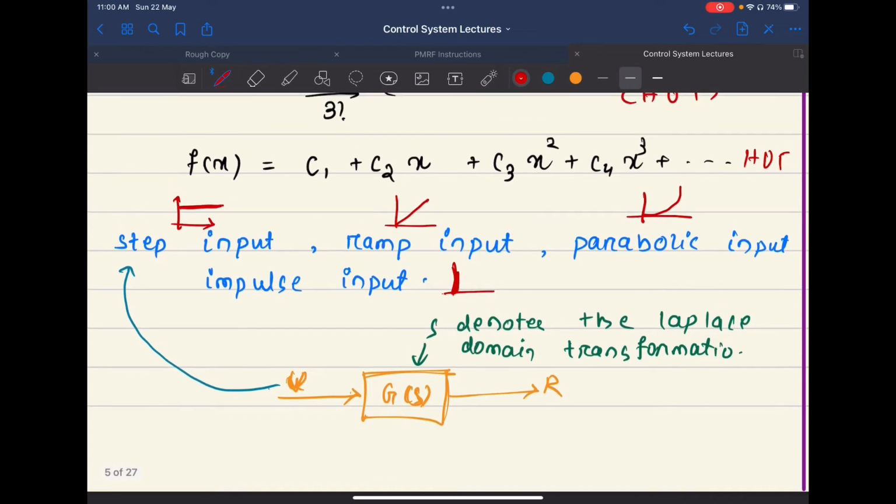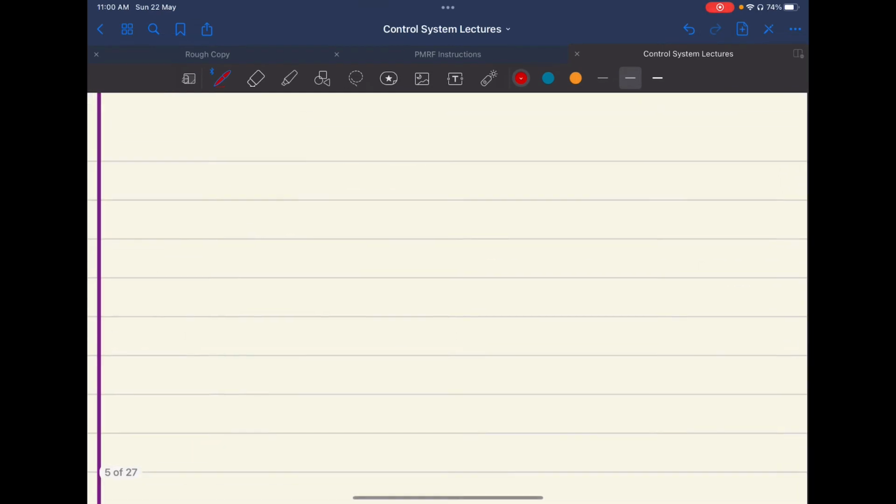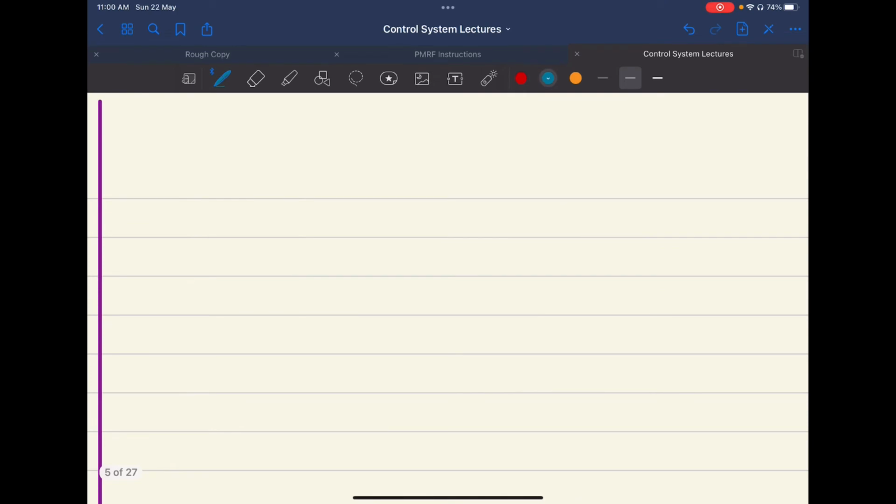So why am I only considering these 3 or 4 inputs? Because, as we know from the Taylor series approximation, any input I am getting, I can decompose into its 0 order, first order, and second order.